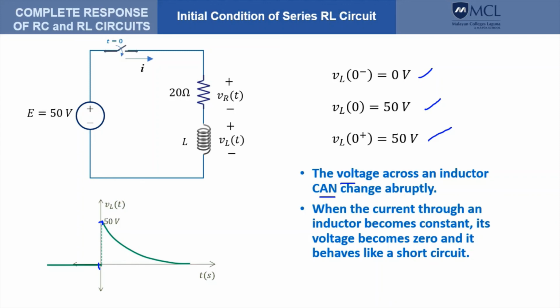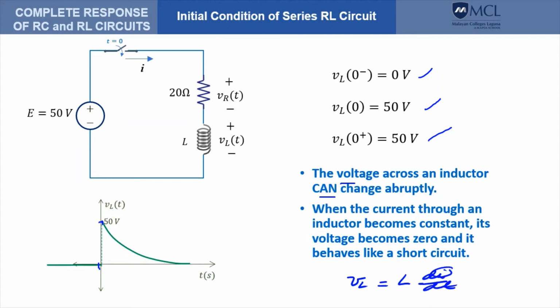When the current through an inductor becomes a constant, that will give us a voltage that is 0, because, as we've said, the voltage across the inductor is L di/dt.